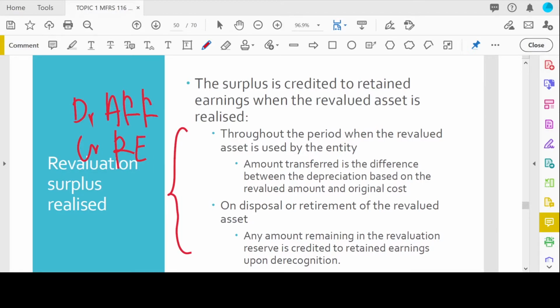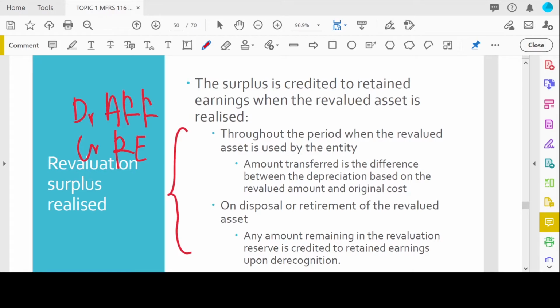For the first situation, throughout the period, how much should we transfer? Do we transfer all the balance in the asset revaluation reserve account to the retained earnings? No. The amount transferred is limited to the difference between the depreciation based on the revalued amount and the original depreciation based on cost. That difference is what we take out from ARR and transfer to retained earnings.